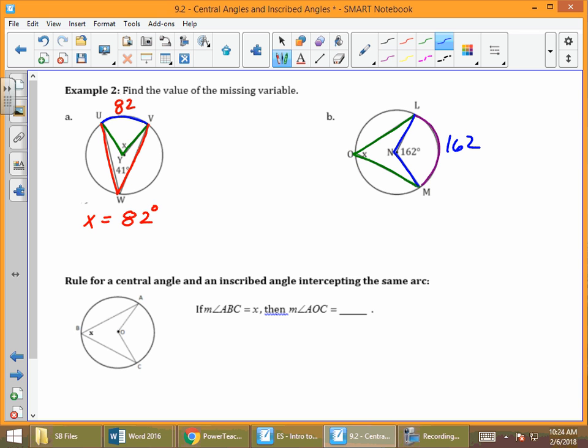Divide by 2 because it's an inscribed angle. And 162 divided by 2 is what? So I now know that x is 81 degrees.